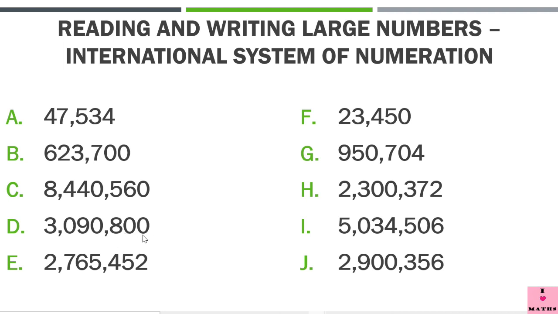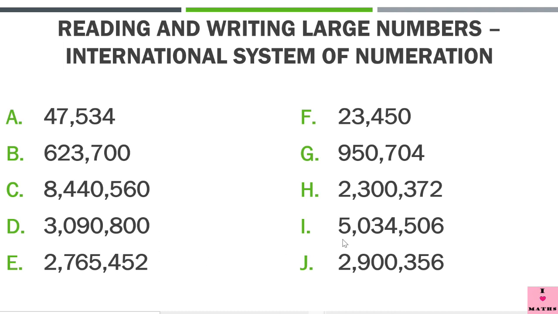Children, 090 makes 90 because you will not say 090. You will just say 90. So I repeat this number once again. 3,090,800.